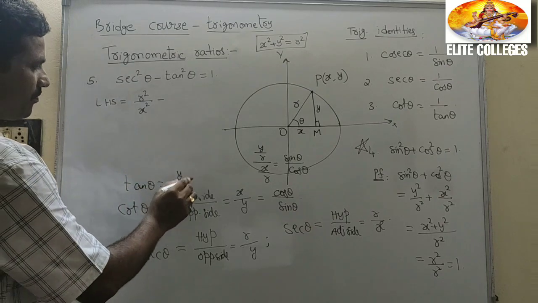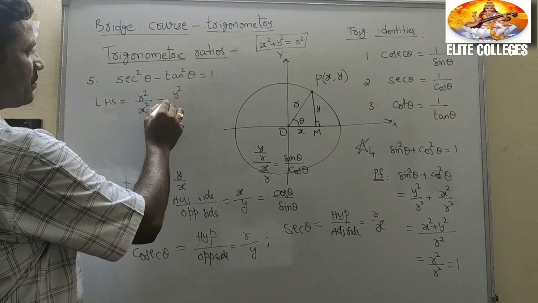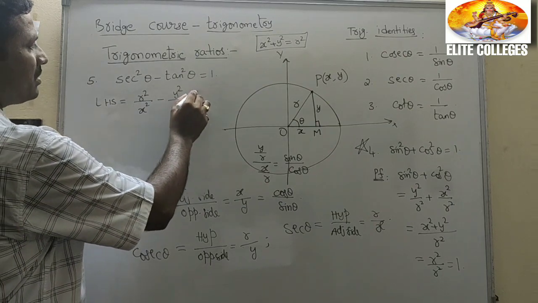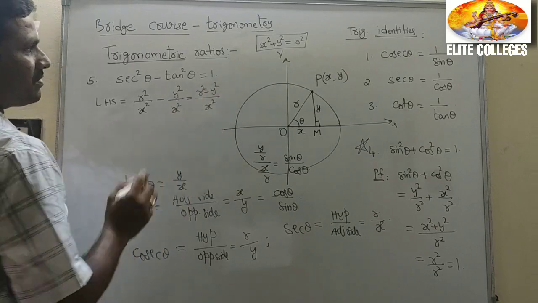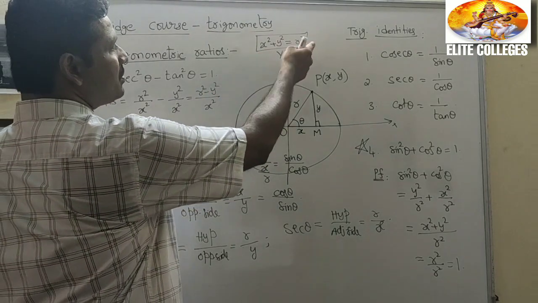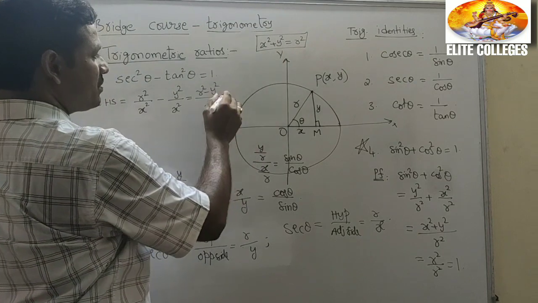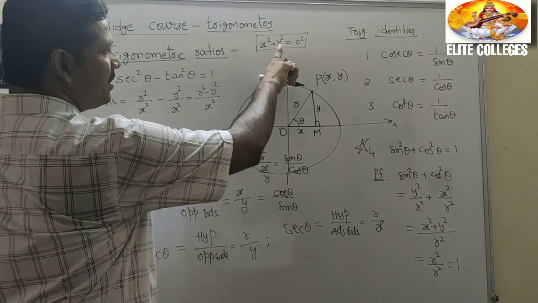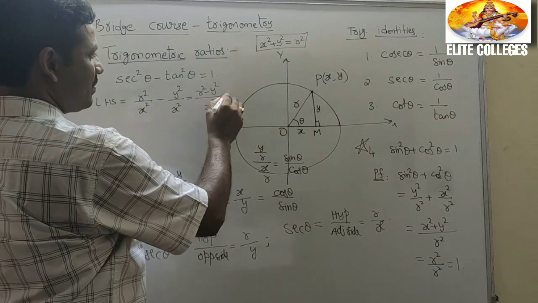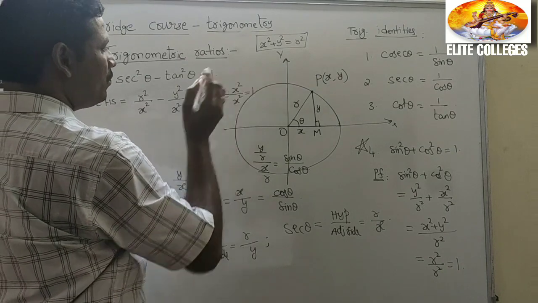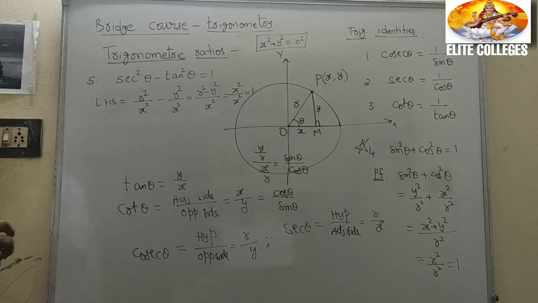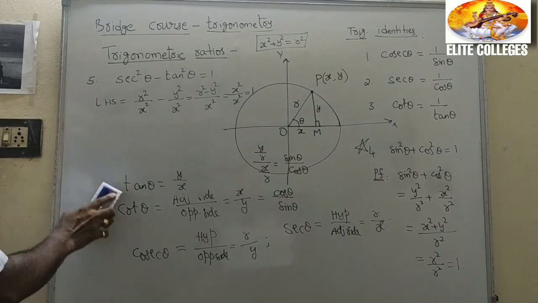Y by x. So minus y square by x square, that equals r square minus y square by x square. What is r square minus y square? x square. So x square by x square is equal to 1. That is the trigonometric identity: secant square theta minus tan square theta equal to 1.